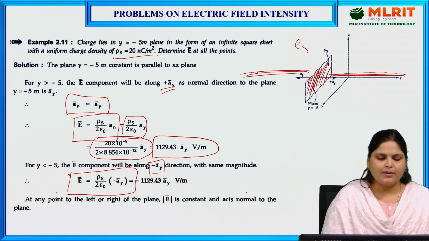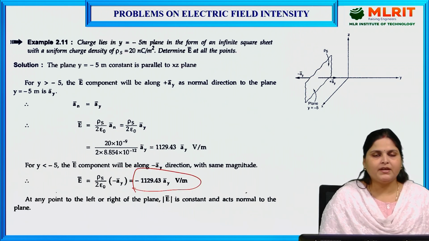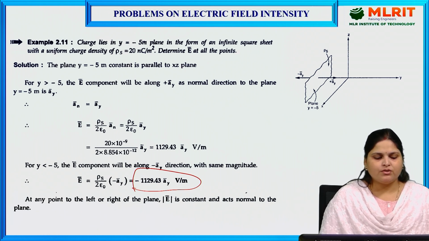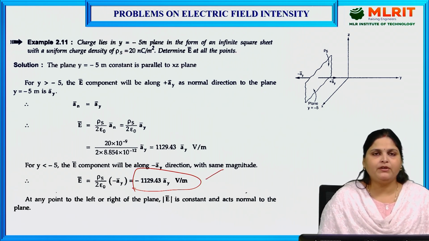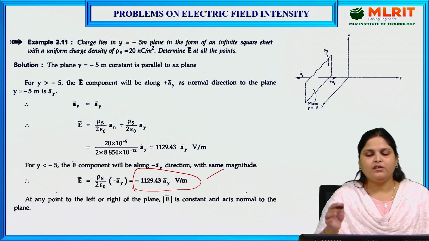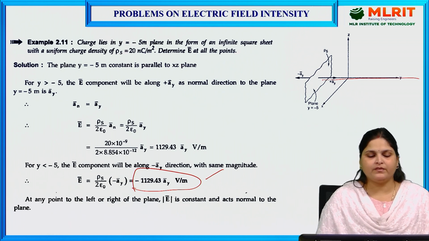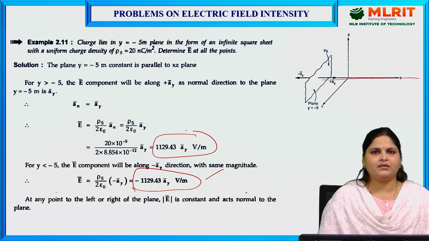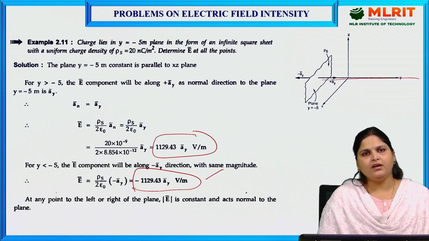All values are the same, so we will get the answer as minus 1129.43 AY volt per meter. So the field on all the left points of this sheet is minus 1129.43 AY, and the field on all the points lying on the right hand side of this sheet is 1129.43 AY volt per meter. That is how we decide the sign. Either it will be positive or negative.